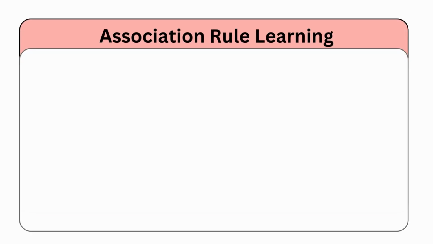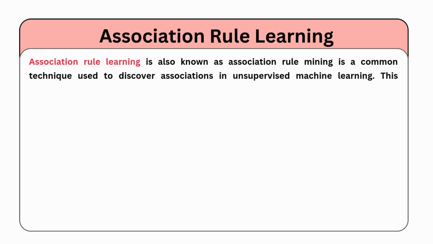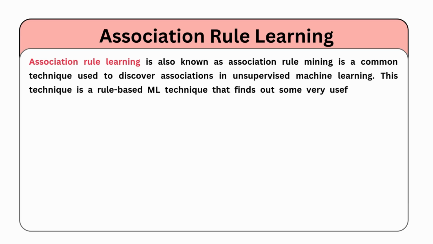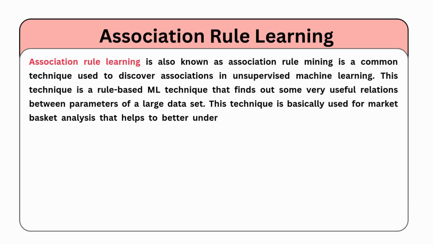Association rule learning. Association rule learning, also known as association rule mining, is a common technique used to discover associations in unsupervised machine learning. This technique is a rule-based ML technique that finds out some very useful relations between parameters of a large dataset. It is basically used for market-based analysis that helps to better understand the relationship between different products.